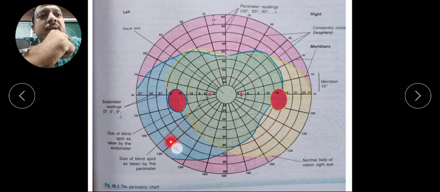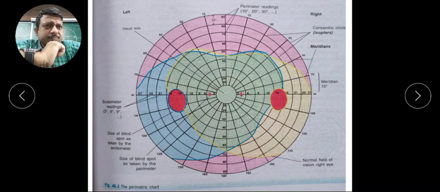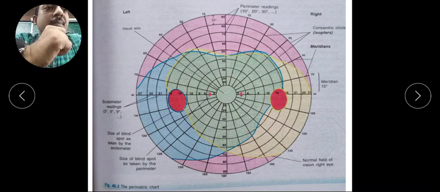Next, 45 degrees below, that is 135 degrees, and then 180 degrees, then 135 degrees on the right side. Total 8 readings.